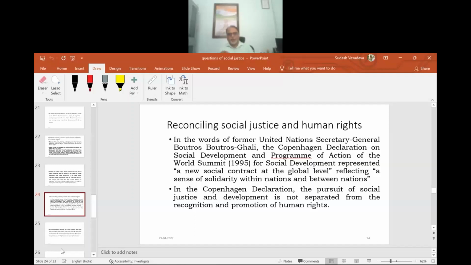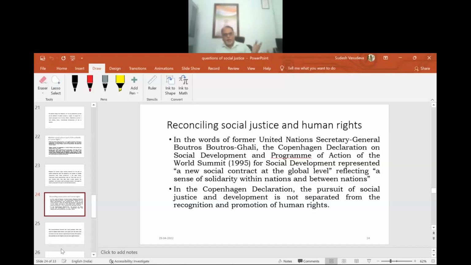In the Copenhagen Declaration made in 1995, there was a specific declaration on the pursuit of social justice and development, which should not be separated from the recognition and promotion of human rights. So what I am trying to emphasize here is, when the United Nations was initially formed, the emphasis was only on protection of human rights, with a direction to the states not to impact human rights.